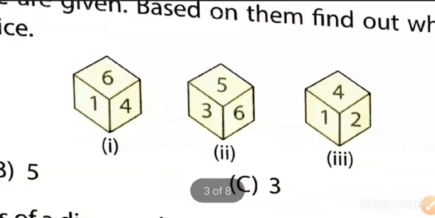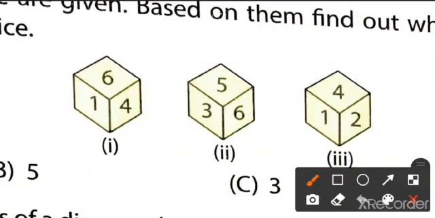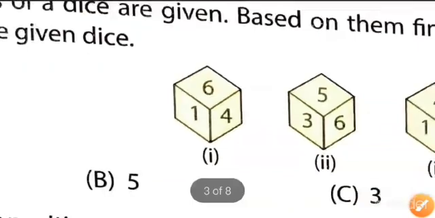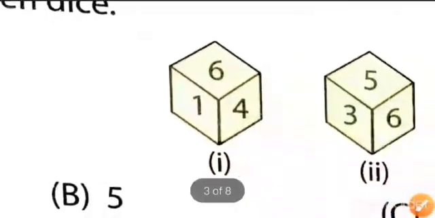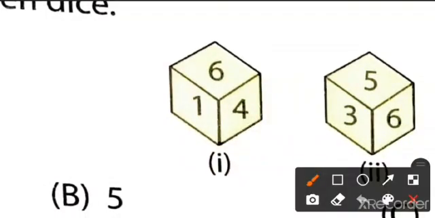What we have to do now is take any 2 dice positions, let us say 1 and 2, and take the common number. What is common here? You can see the common face is 6. Here is also 6.